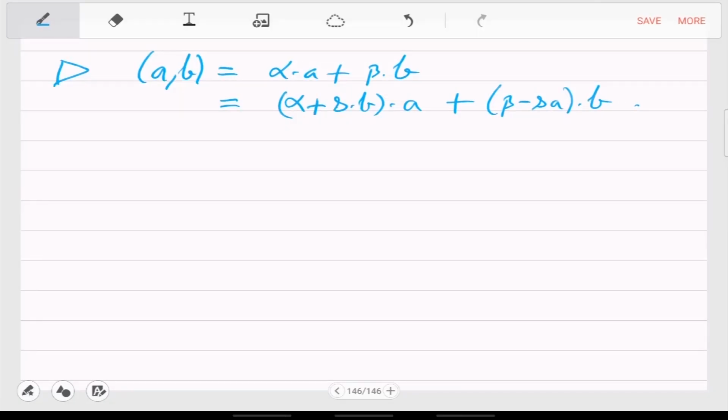Alpha plus SB and beta minus SA also have GCD 1 generally. Still you will have two solutions or infinitely many solutions. No, what you have to do is you have to say that alpha is the remainder by B and beta is the remainder by A. Then it will work.